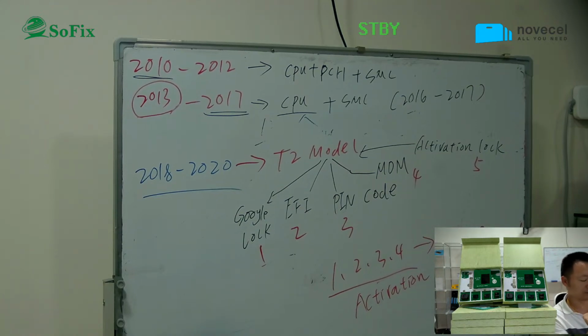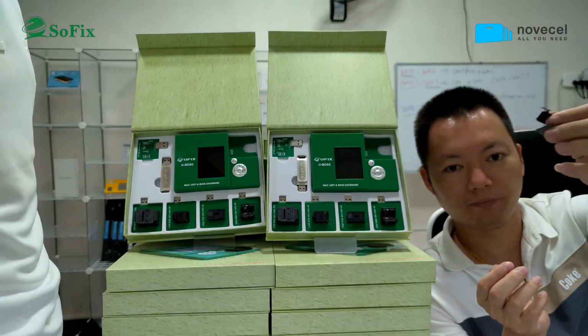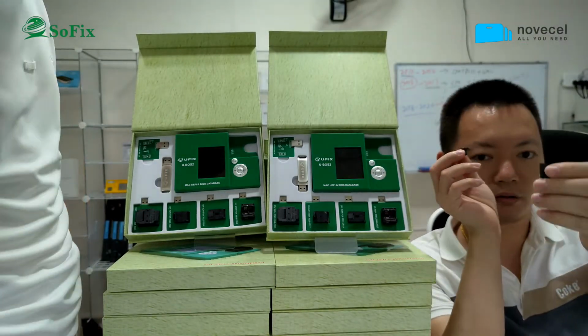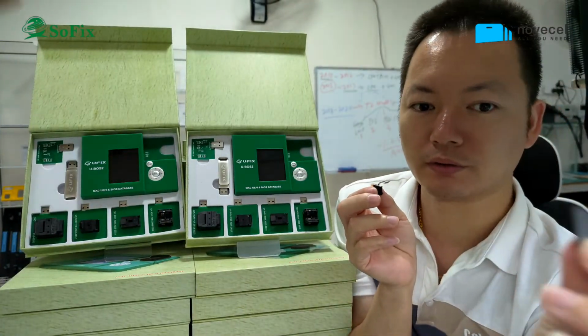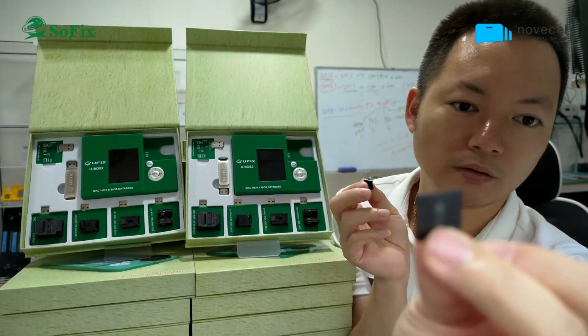Also, if you only replace the T2 chip, maybe the fingerprint won't work, right? So you can bring the fingerprint in here. This is a T2 chip. You see, this is the T2 chip here.